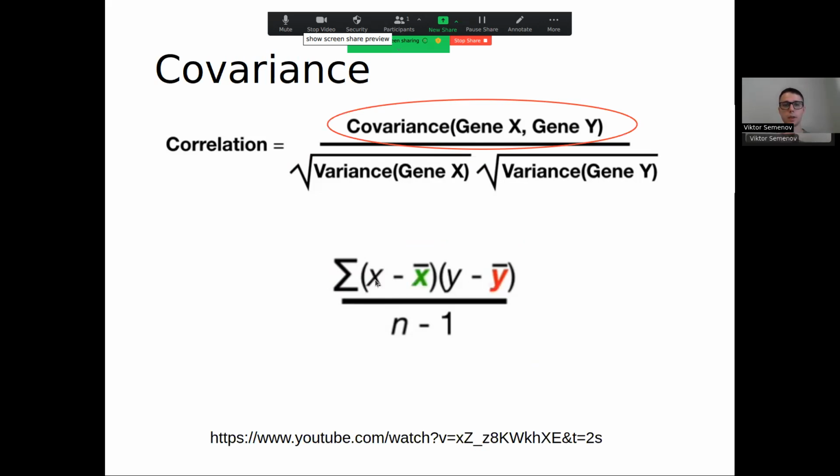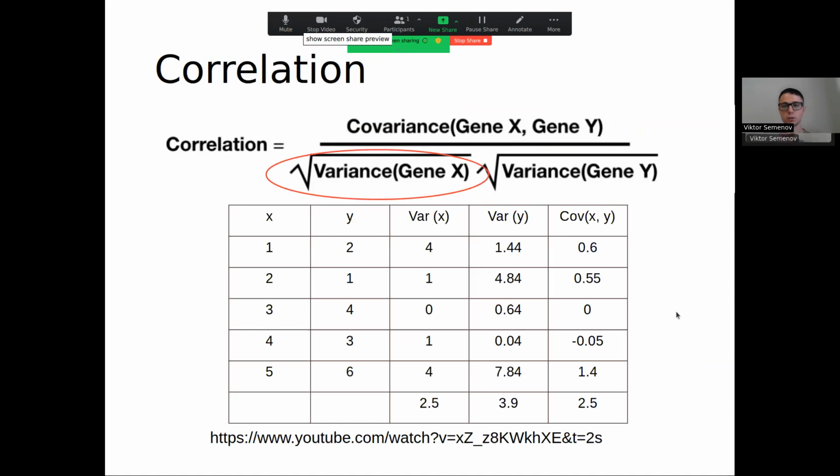We take each observation in the x dataset and subtract the mean for x, then we take each value from the y dataset and subtract the mean for y, and multiply these two numbers. After adding up all these multiplications, we need to divide by the number of observations minus 1. In this case, it will be 4. I will not bother you with these calculations.